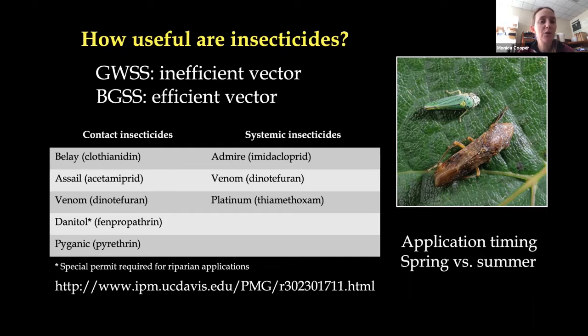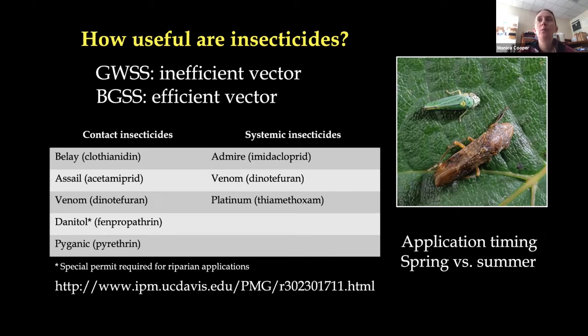For blue-green sharpshooter, insecticide management has never been shown to be all that effective. I think there are two reasons. One is that it's a very efficient vector, and secondly, it's a native insect, so the populations are already quite low, and the timing of when we've tried to use those insecticides has been in the spring.